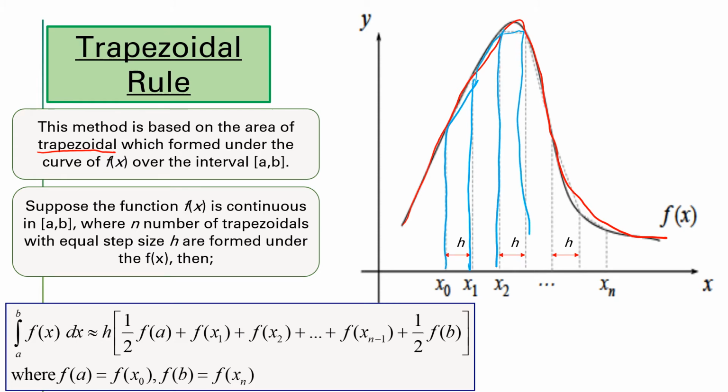This is a trapezoid. Here we have 1, 2, 3, 4, 5, 6 trapezoids. That's why we call this the trapezoidal rule. So the n subintervals have an equal step size, and our step size is here, h.